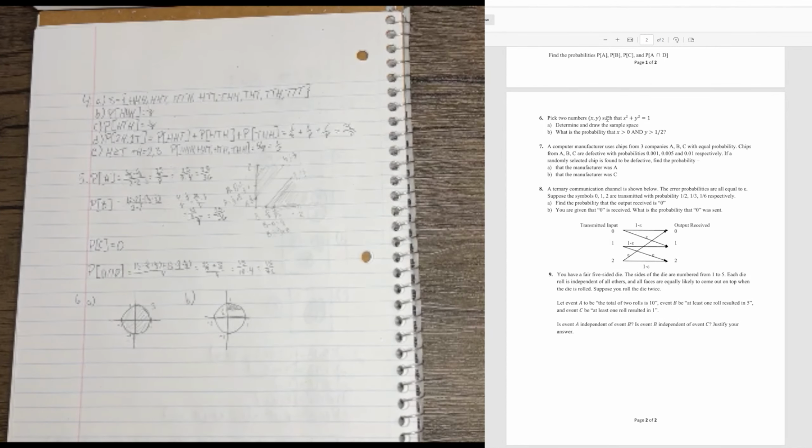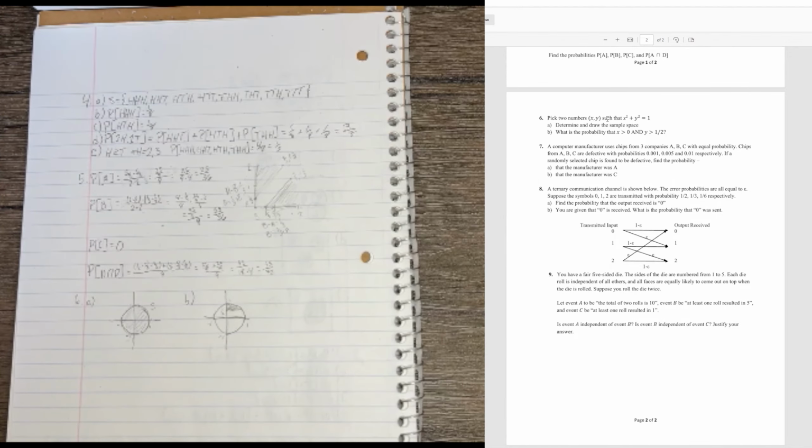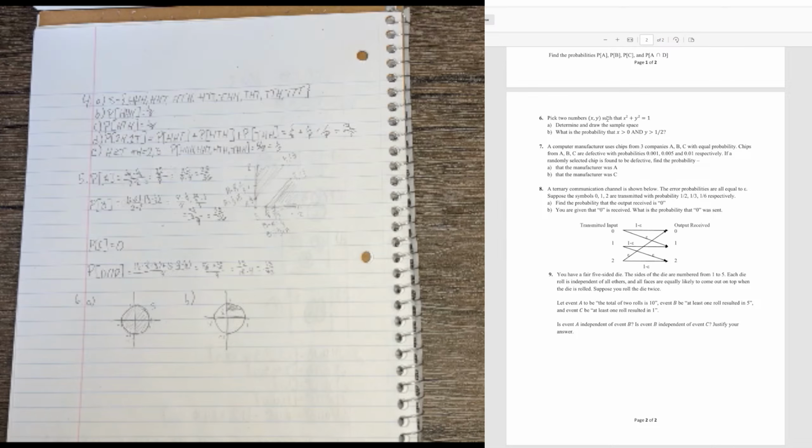So it can be anything within that cross section. And we'll need to find the area of that. I don't know how to find the area of a chord like that. I really don't. I don't know how you would start that one either.